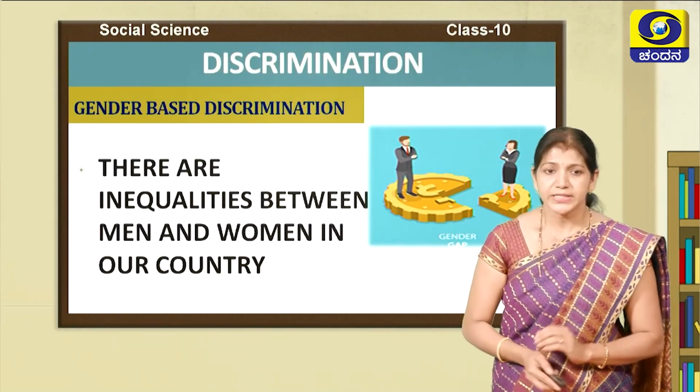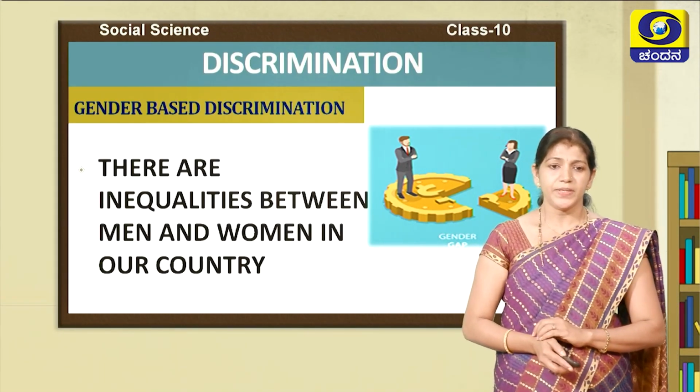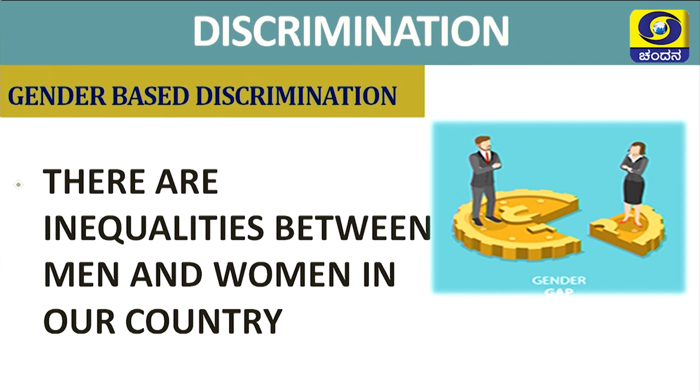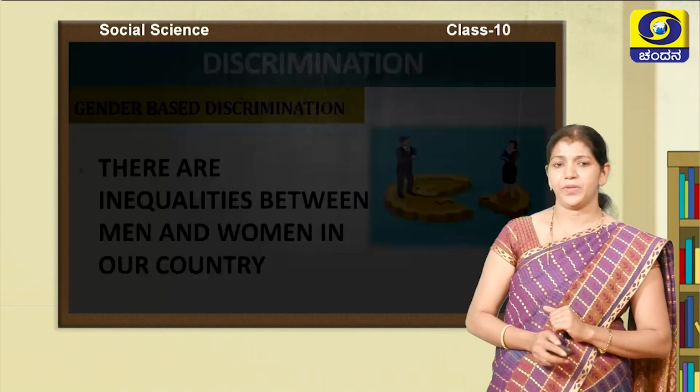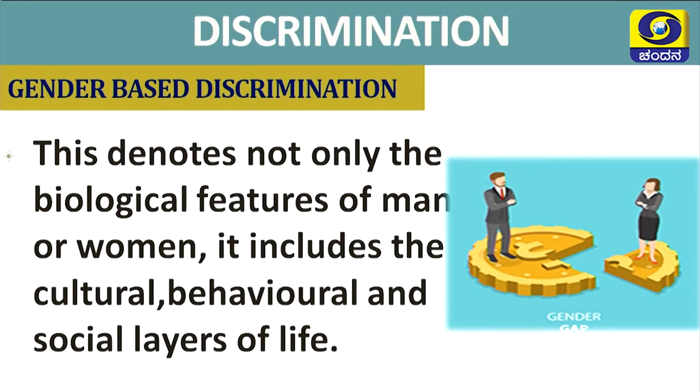Next, I want to discuss gender based discrimination. Gender based discrimination is inequality between men and women in our country. This denotes not only the biological features of men or women, it includes the cultural, behavioral and social layers of life.